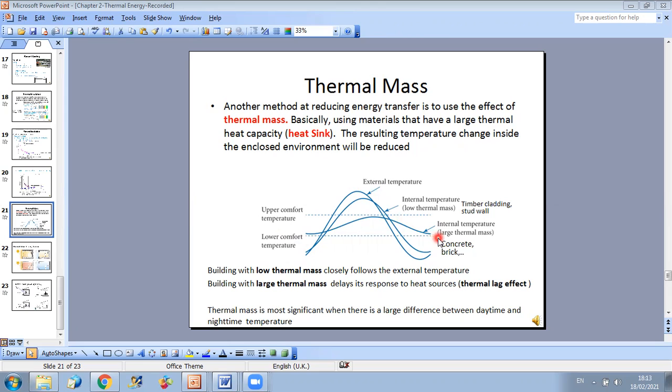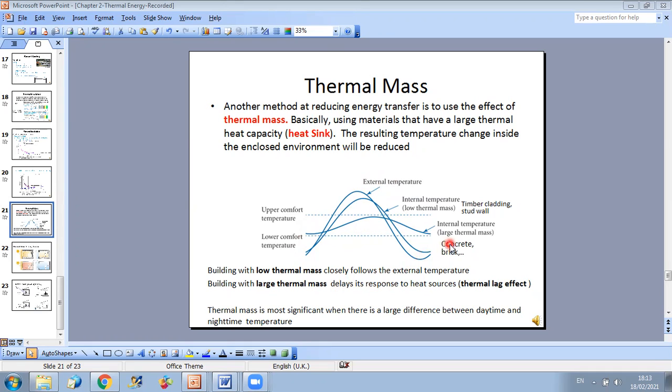So what is happening is that for the case of a building with a low thermal mass, the variation of temperature will closely follow the temperature profile of the external temperature. And in this case, the inner space is not totally in the comfortable zone, because we have temperatures above the upper comfort temperature and temperatures below the low comfort temperature.